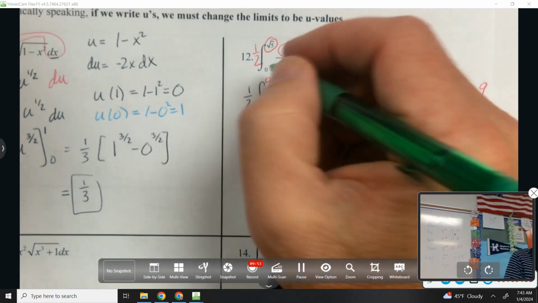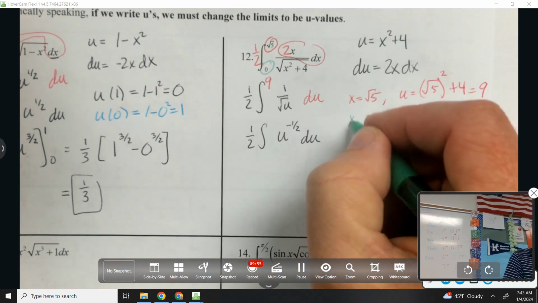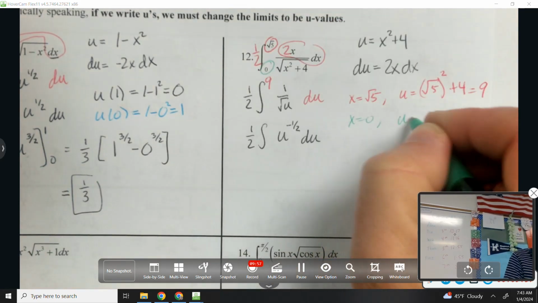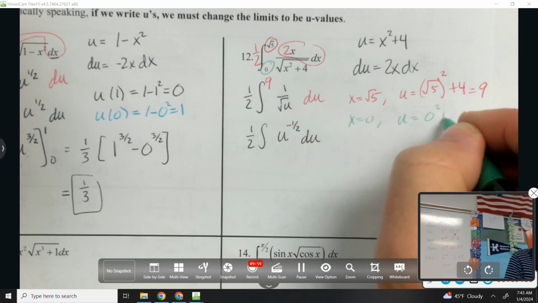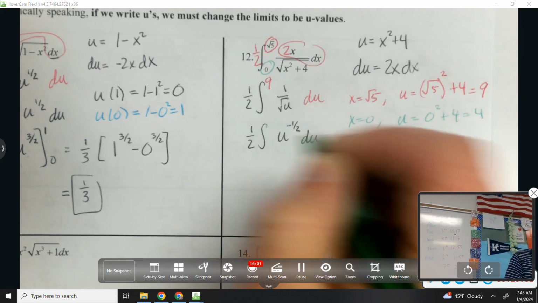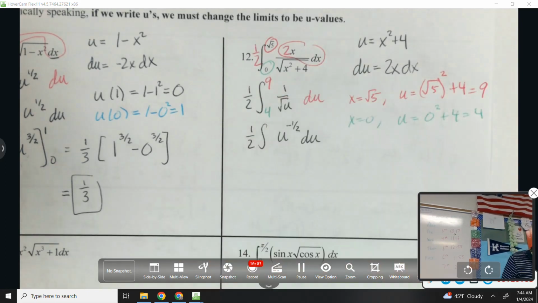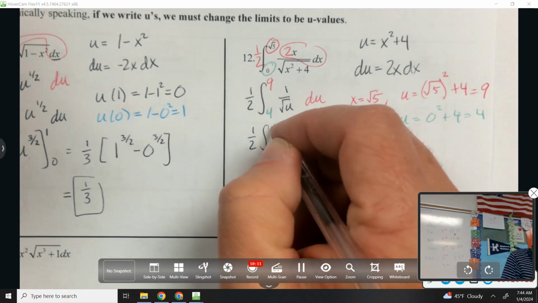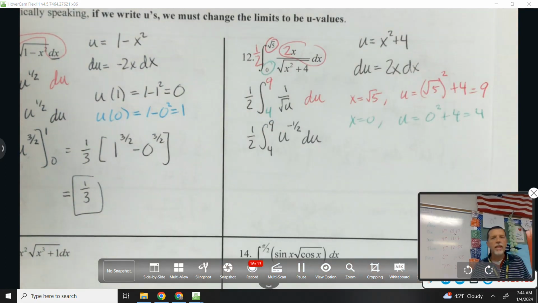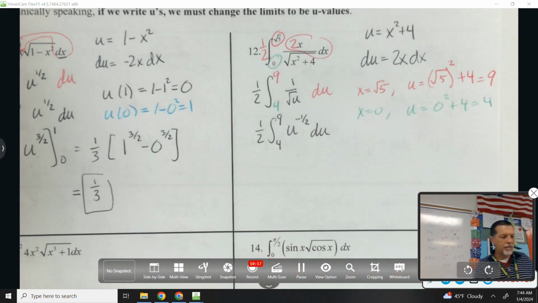And for the lower limit, when x equals 0, u equals 0 squared plus 4. So my lower limit is 4. So I change the limits from x things to u things. And now this whole problem is in terms of u, so now I don't have to worry about x's again.